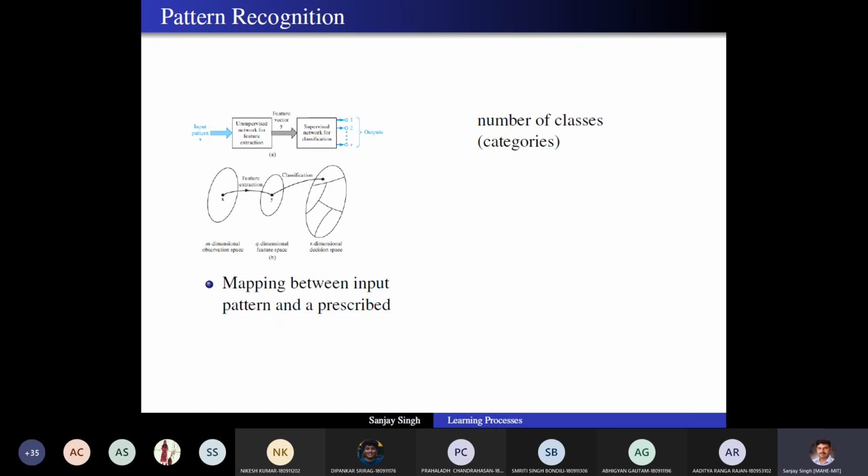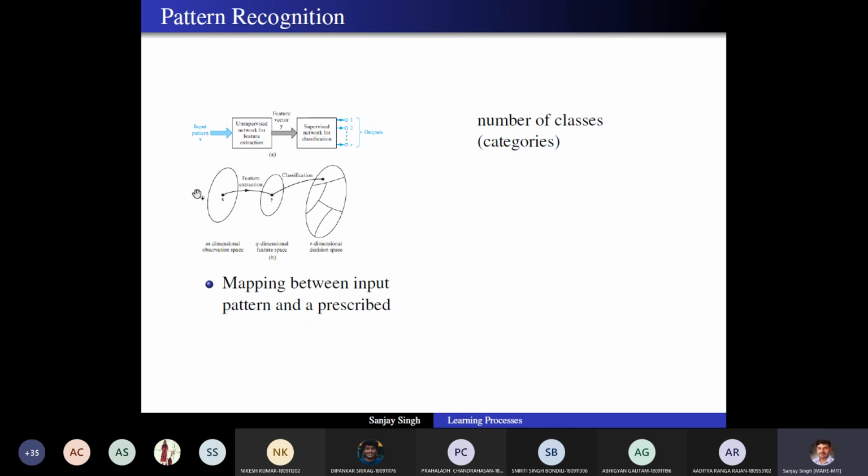Then there is something called pattern recognition, which is mostly statistical in nature. There are two approaches. If you remember, I was talking about the unsupervised learning people: they first apply it to find the internal structure, and then they apply supervised learning or reinforcement learning.